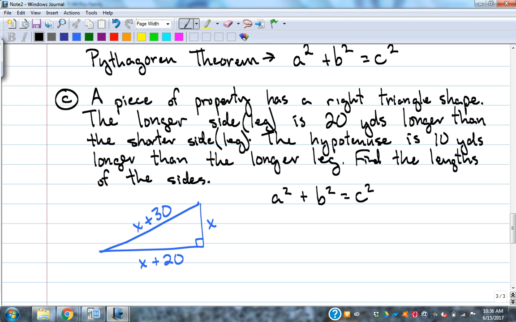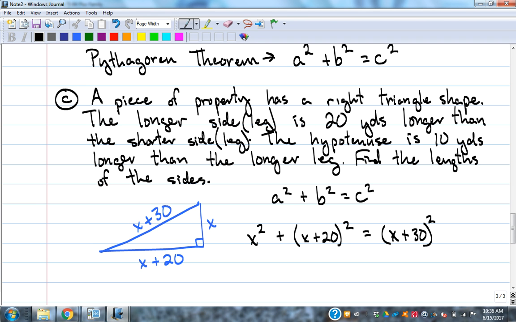So if you're dealing with this, we're going to say it's x squared plus x plus 20 squared equals x plus 30 squared. So a lot of algebra in this problem. Some geometry, but a lot of algebra.